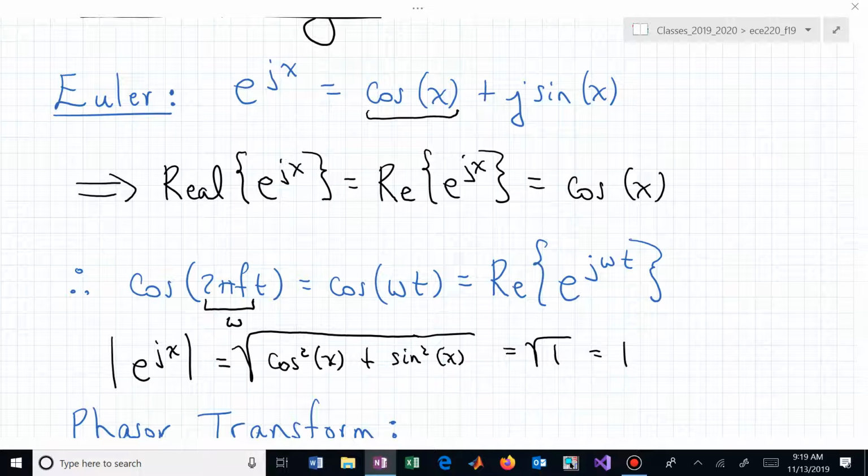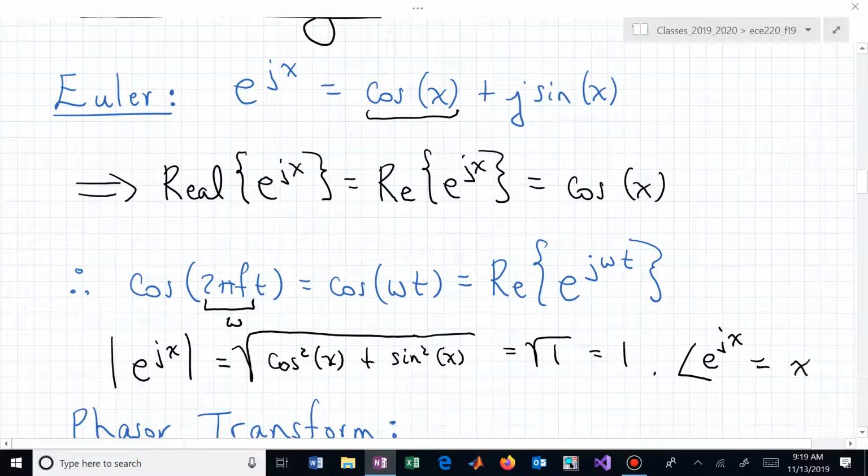And the jx gives you the angle. The x is the angle that complex number makes with respect to the horizontal real axis. If I now said, what's the angle of e to the jx, that's just x.